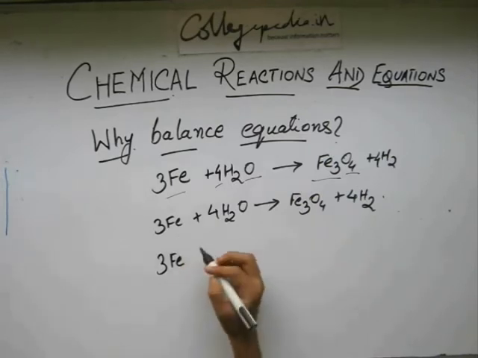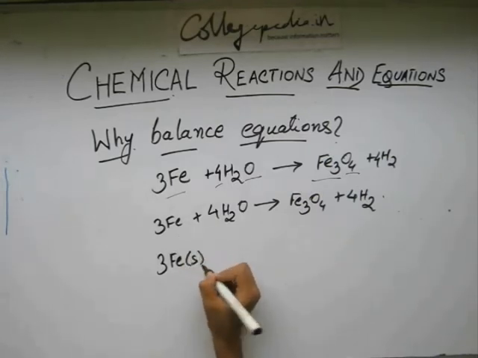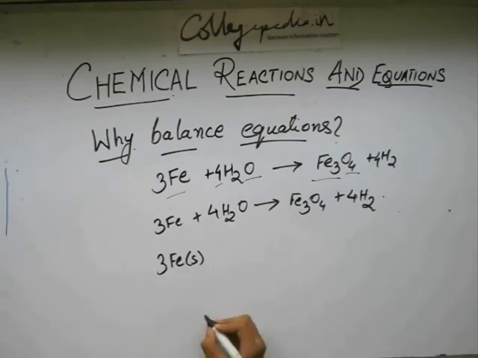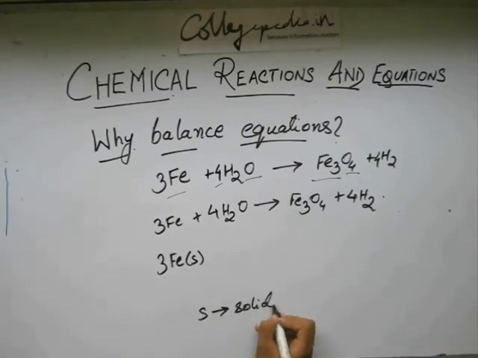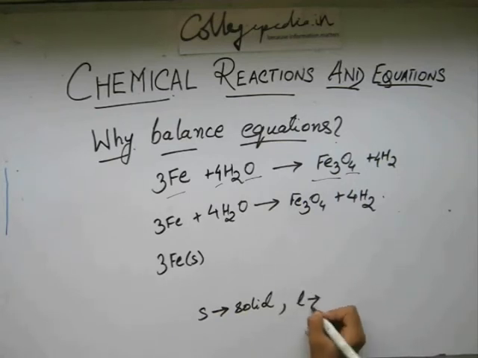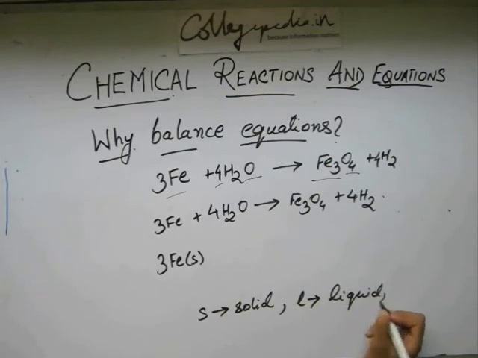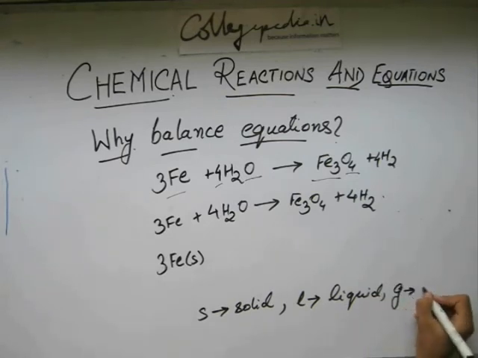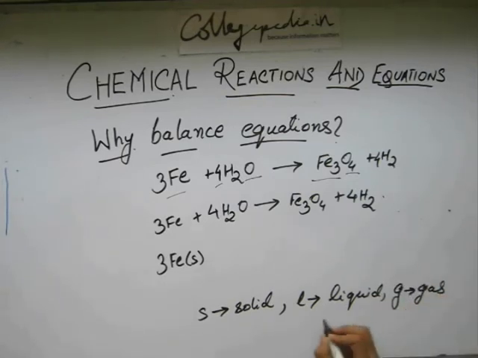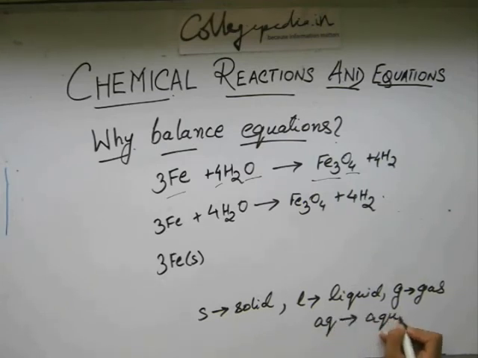Fe, iron is solid, so you write S in brackets. S stands for solid, L stands for liquid, G stands for gas, and AQ stands for aqueous.